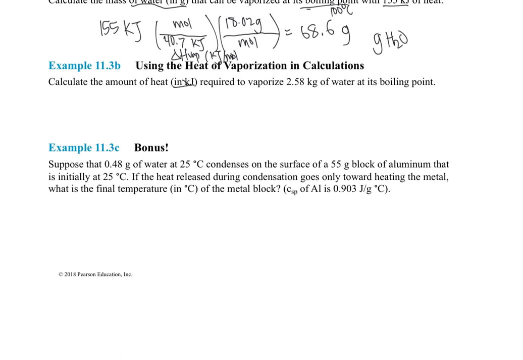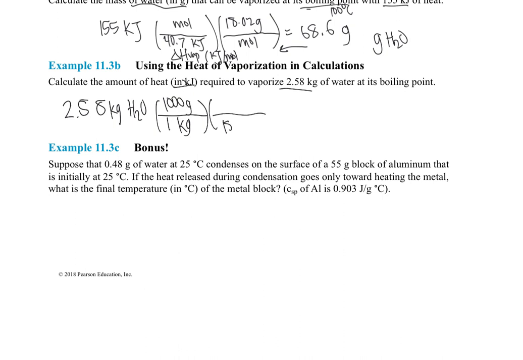In this one, we're going the opposite way, so I want to find how much heat in kilojoules it takes to vaporize 2.58 kilograms of water. Just like here we went from grams to moles, I need to get into moles. A kilogram is 1,000 grams. Then I'm in water, so I'm going to use 18.02 grams per mole.